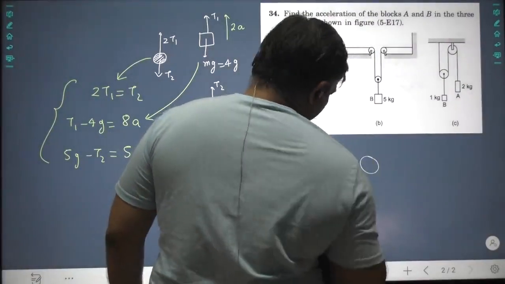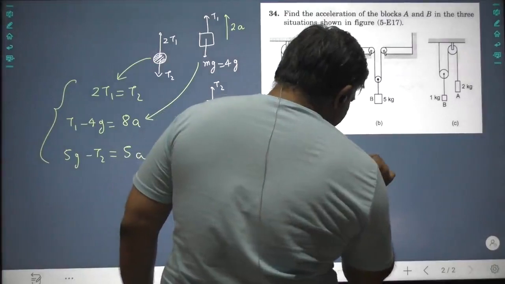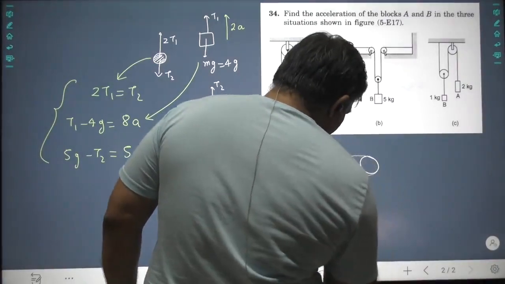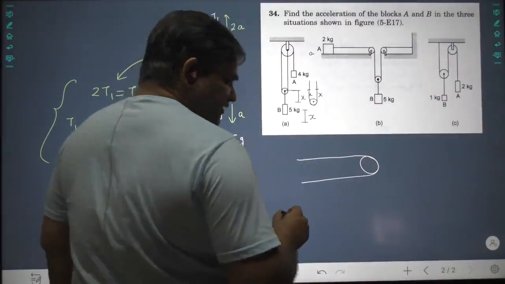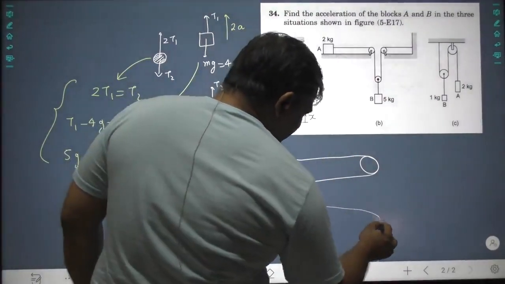Just analyze it very simply. This is the pulley and this is the string. Now you can understand in two different ways.